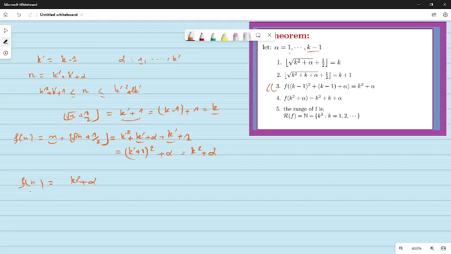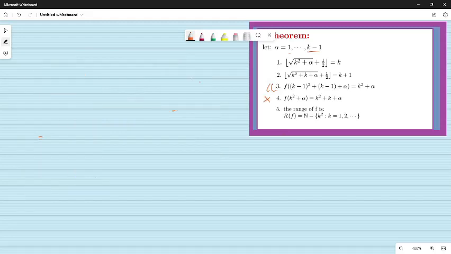Now let's pass to the fourth assertion. In the fourth assertion, we have n equal to k square plus alpha, and we are in the first case I've seen before, and we have f of n equals n plus the square root of n plus 1/2, and this is exactly n plus the square root of n plus alpha, because it is equal to k.